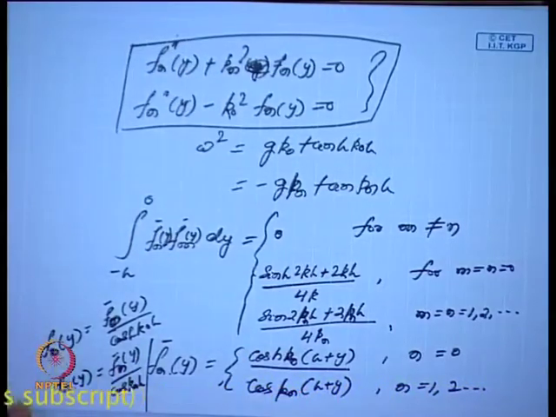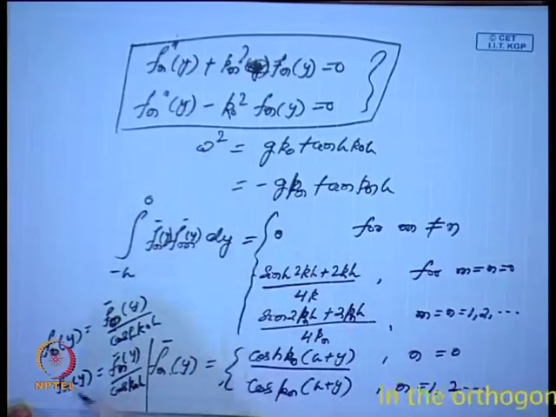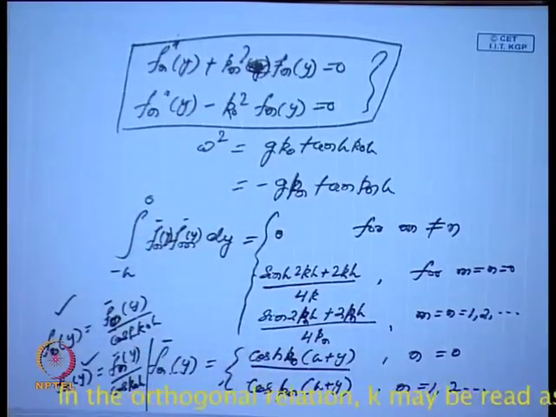So, this will be my f_0 f_n. Since once these are orthogonal, automatically f_0 and f_n are orthogonal.